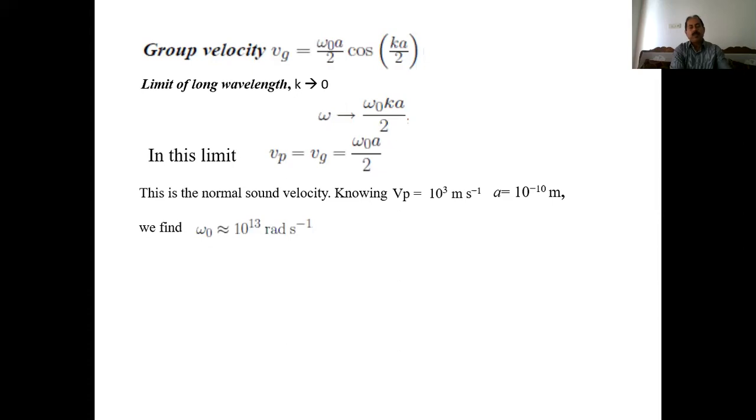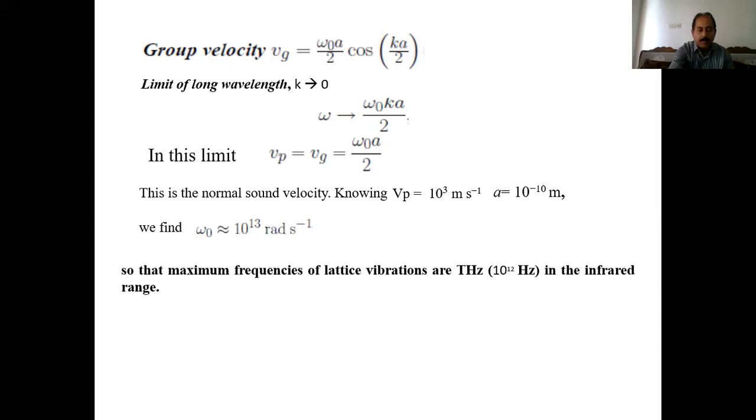That means if you put the phase velocity as 1000 meter per second and a as 1 angstrom, that is 10 to the minus 10 meter, then omega naught will come as 10 to the 13 radian per second, which is in the range of terahertz or the infrared range.